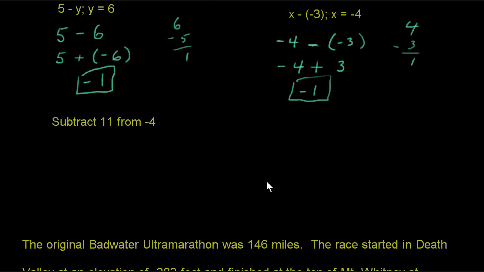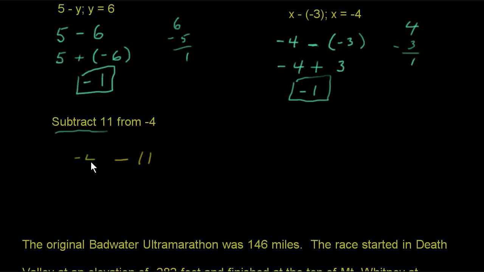The next problem is a very short word problem. Subtract 11 from -4. So we want to subtract 11. That means subtract 11. I've written that. And now subtract 11 from what?